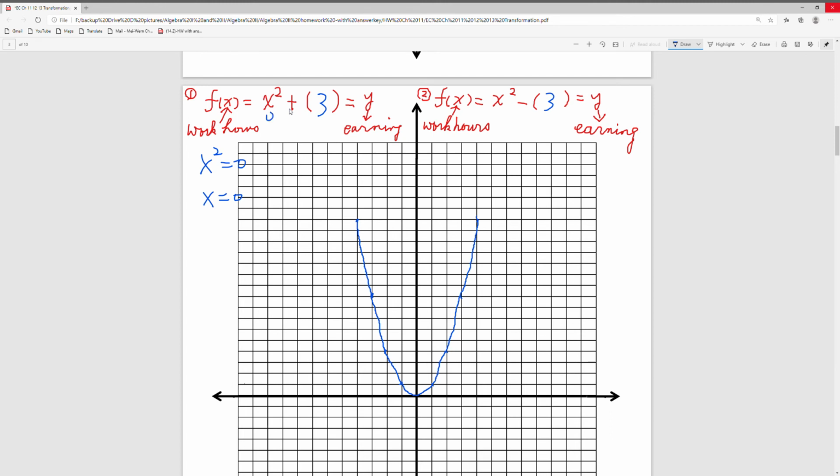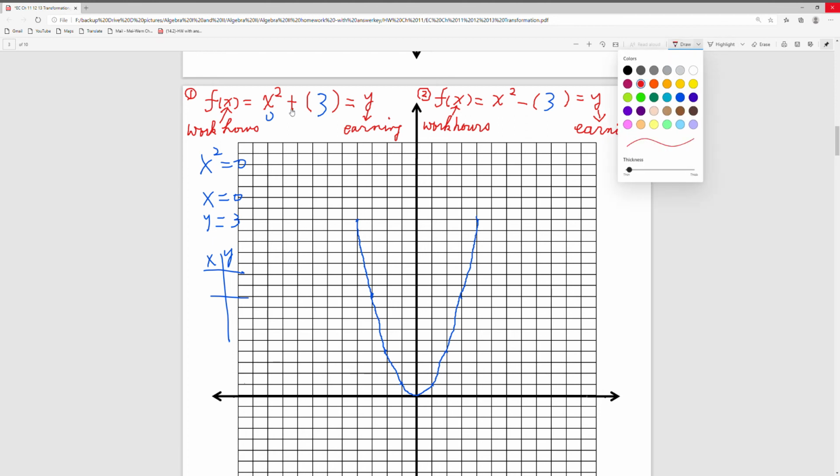So when x is 0, 0 plus 3, the y value is 3. Let me use red color in this case. So we have 0, 3 for the vertex. So you can see that our vertex is going up, and the whole graph is pushed up, because the whole graph plus 3. Plus 3 means plus to the whole y value, and then it's going up.